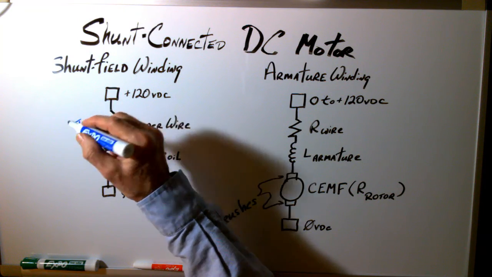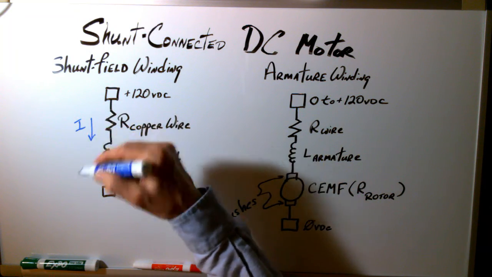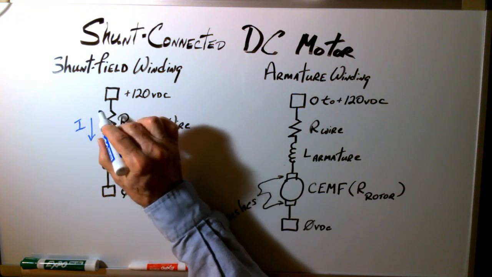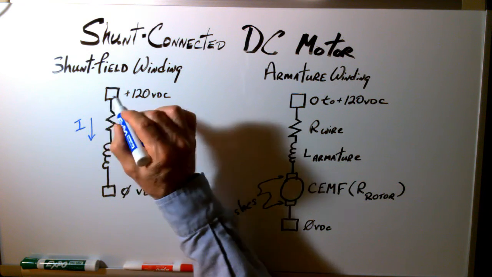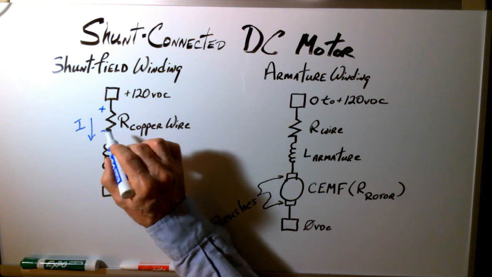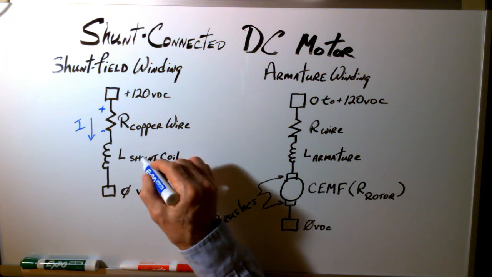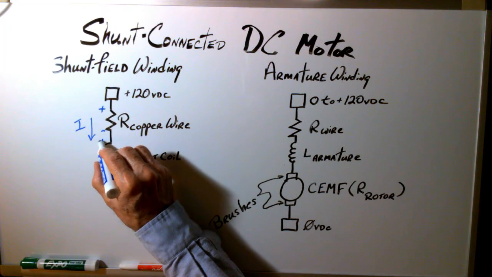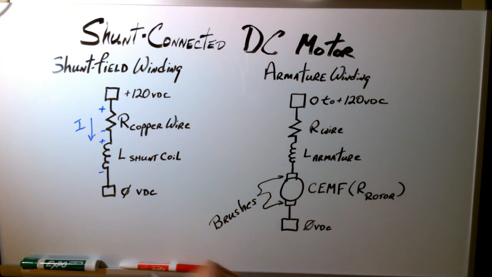My convention is the polarity of voltage drops. If I look at the voltage drop across the resistor, it will be positive on top, negative on bottom.